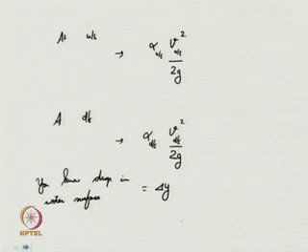Therefore, the energy slope for the entire reach can be given as SF. This is equal to the change in energy head HF, the drop in total energy head HF, by the length of the channel.